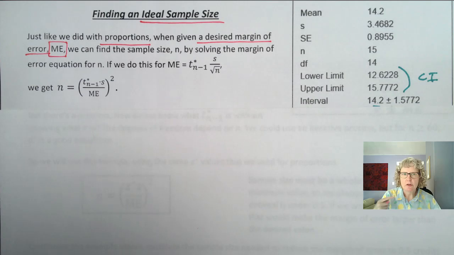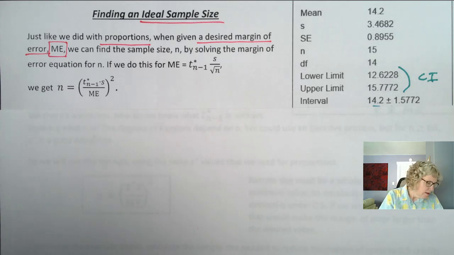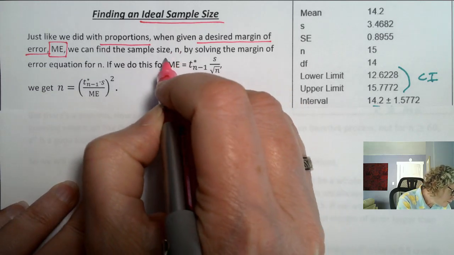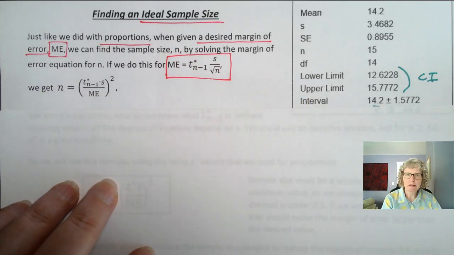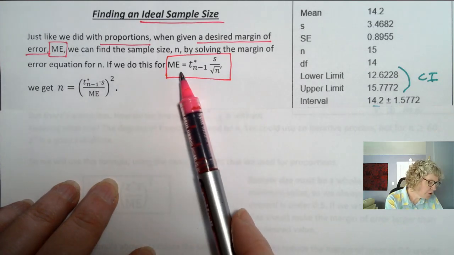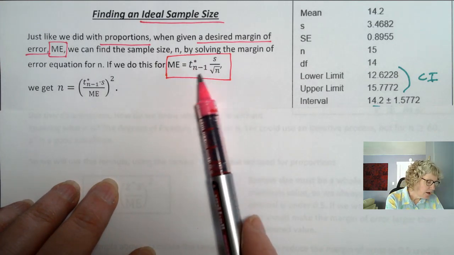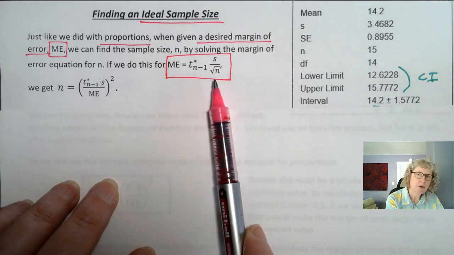And we did this for the other formula where I just showed you the result, but if you want to use algebra and reverse the formula, you can do that. If we took just the margin of error part, the part after the plus or minus, margin of error is t star sub n minus 1 degrees of freedom times s over square root n.